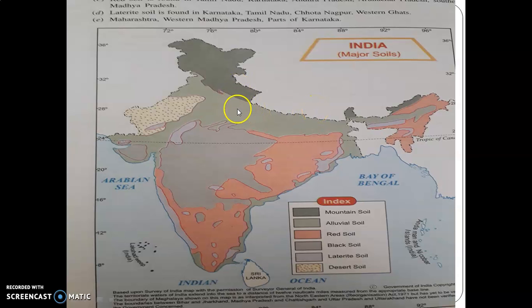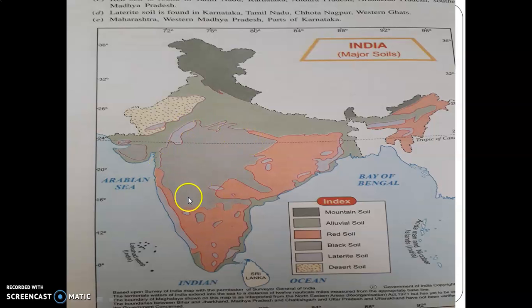And next to mountain soil, the northern plains, Punjab, Haryana, UP, these are the areas covered with alluvial soil. And this area toward the southeast side, we can say this region is covered with red soil.